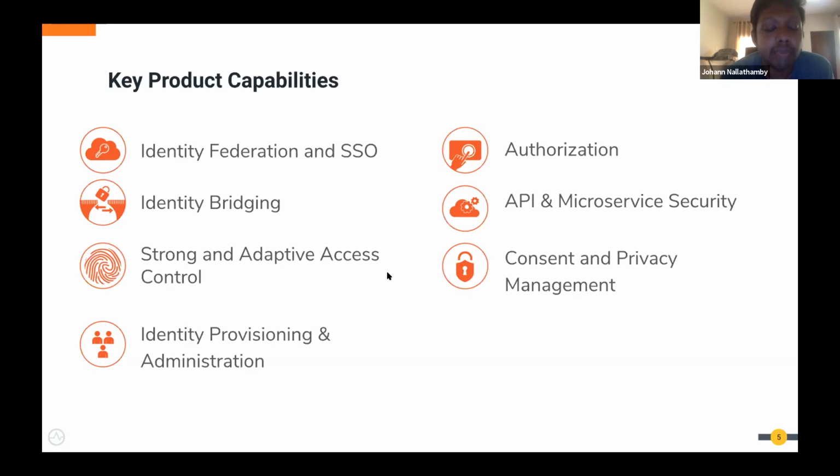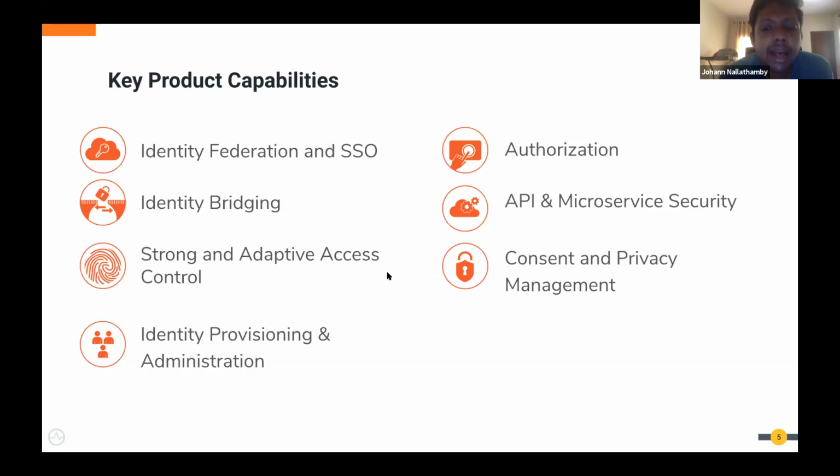Then the UMA 2.0 standard, which is built on top of both of these standards, OAuth 2 and OpenID Connect. So WSO2 Identity Server, in fact, supports this entire suite of specifications, very comprehensive support for APIs and microservices security.